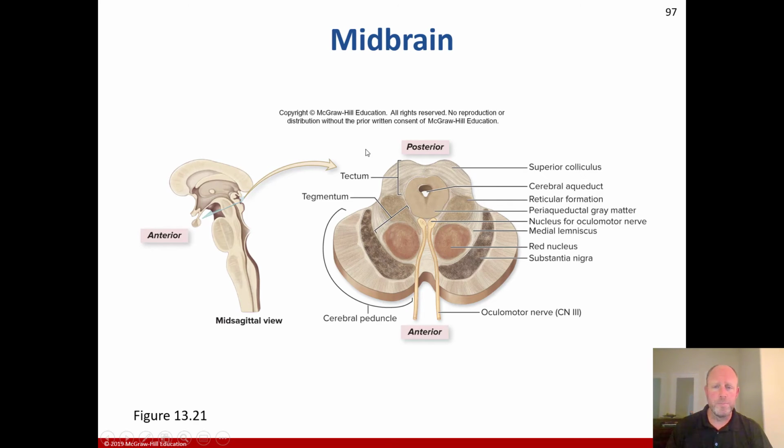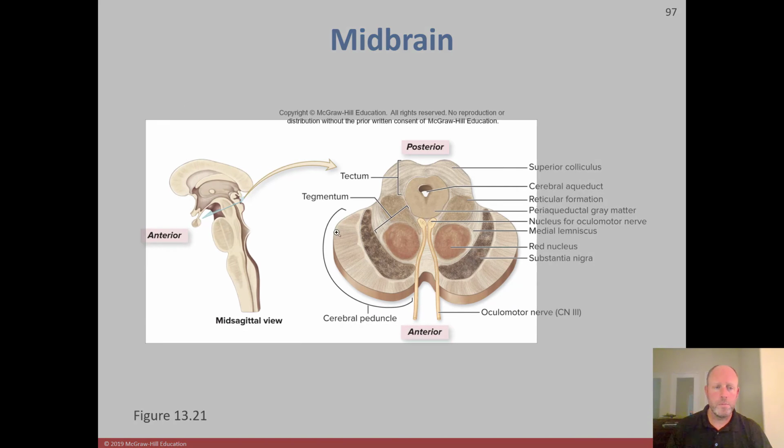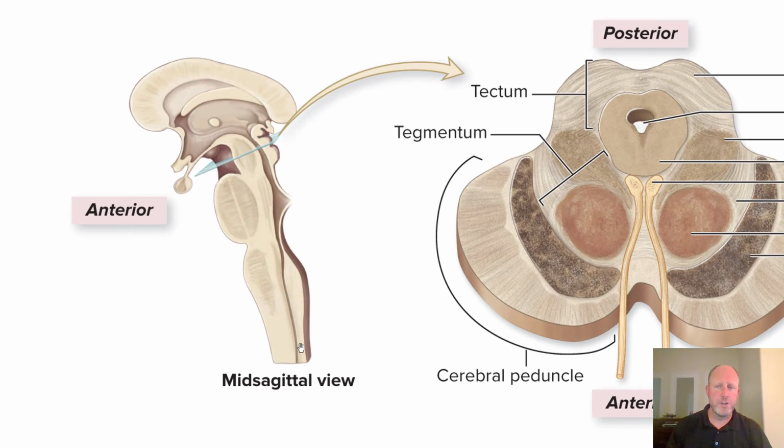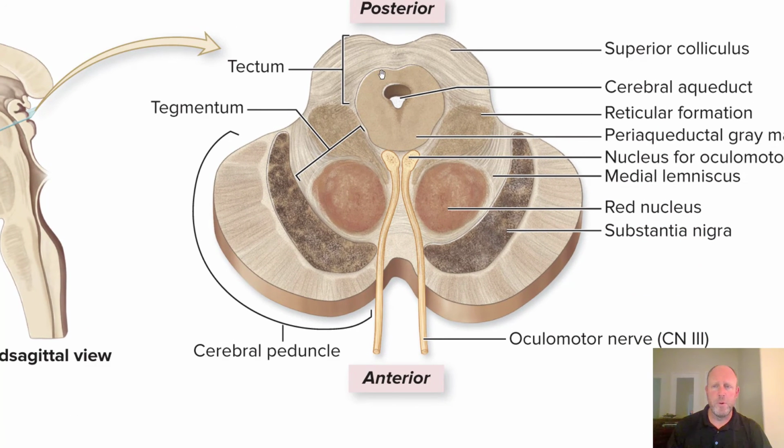So for our midbrain here, we see the anterior mid-sagittal view, and here's the posterior view, the superior colliculus here, part of the tectum, and we have our cerebral aqueduct, with cerebrospinal fluid going through.